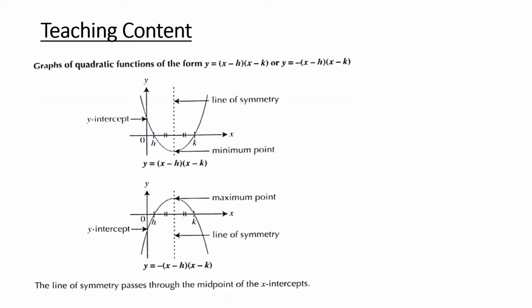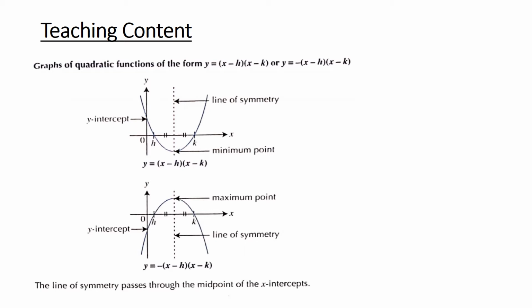So it has a minimum value of y and the curve will open upward. See in your first graph given in the diagram. Also this graph has x-intercepts h and k, that is the curve will pass through the x-axis at x equals h and x equals k. The line of symmetry passes through the midpoint of x-intercepts always.